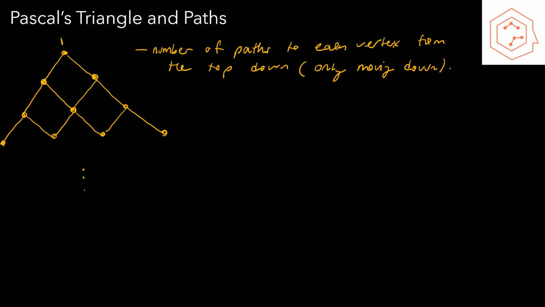From that vertex, if we want to go to the right, we have one path. So there's only one way to get to that right side. If we want to go to the left, we also only have one path. So we can only have one way to get to that left vertex. If we keep going on, all these side vertices have one path to get to them.